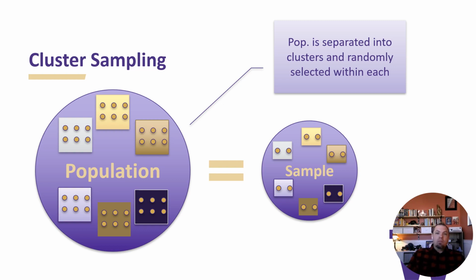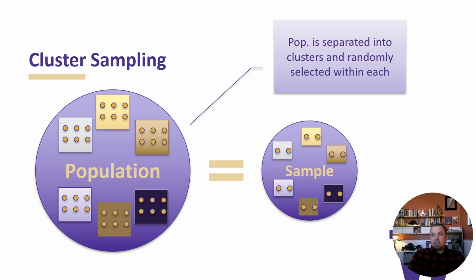And so to switch the example a little bit, if we're doing a study about the city of Seattle, for example, and we want to survey residents within Seattle, we could implement a cluster sampling approach where we break the city up into different neighborhoods and say, okay, now we're going to randomly sample within each of those neighborhoods, right?